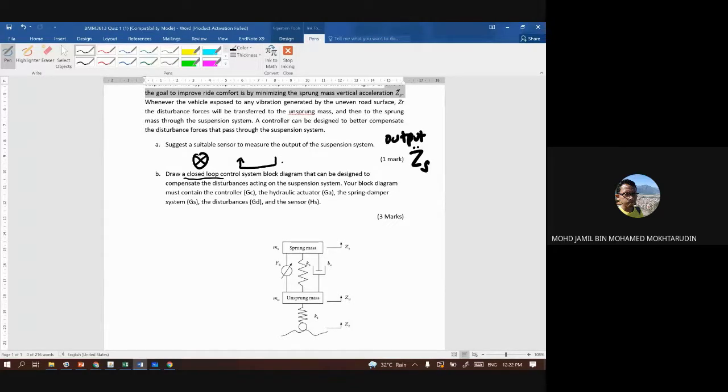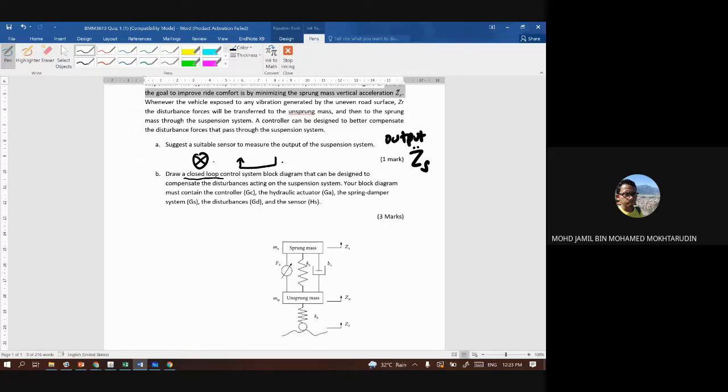Some of you in the project maybe drew a closed loop system. I don't know where you got the block diagram, maybe from the internet. If you don't have this summing junction and feedback arrow here, you will lose marks for the block diagram.